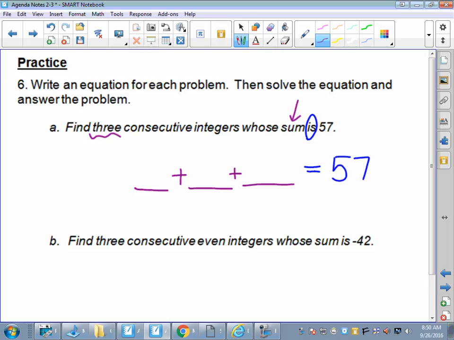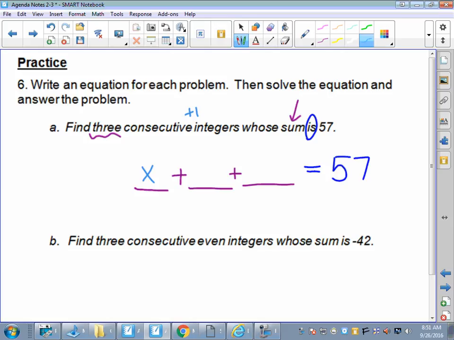All right, so here's where you got to start thinking. Consecutive integers. Look above to see what was the pattern for consecutive integers. We add 1 every time. So if this number, first number is something we don't know. Say it's 7, which it's not, but just pretend. What does the next number have to be?